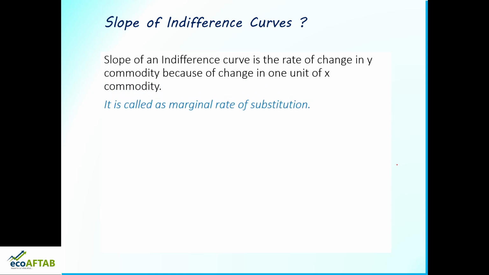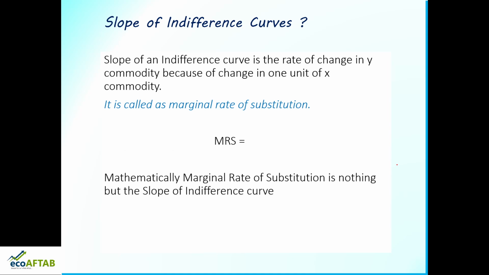So slope of indifference curve is also called as marginal rate of substitution. So MRS is equal to delta Y divided by delta X, which is nothing but mathematically MRS is called as the slope of indifference curve.